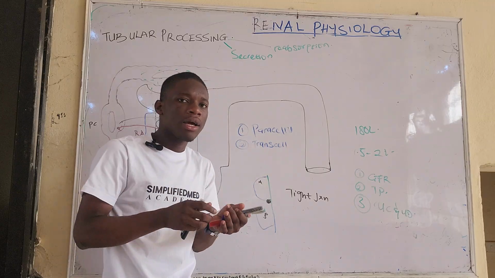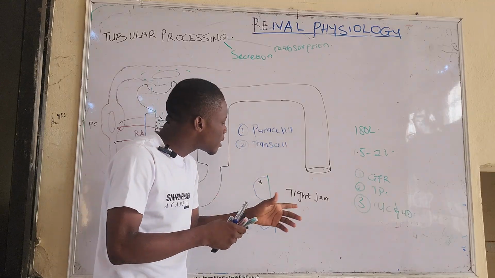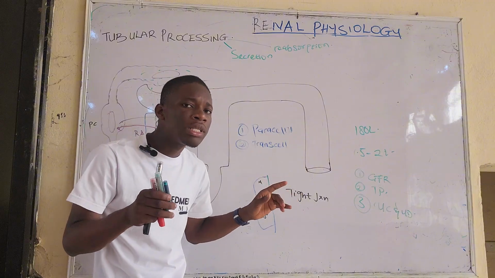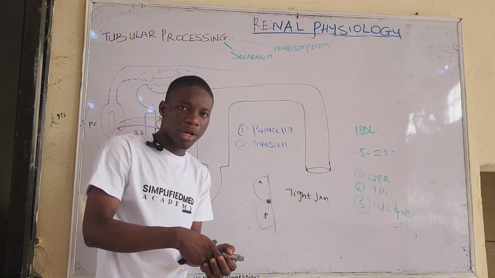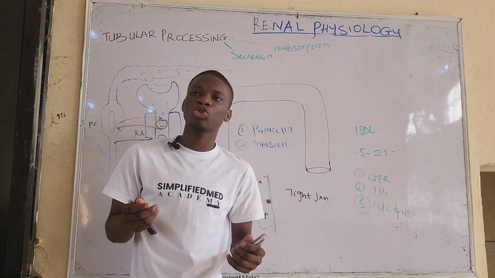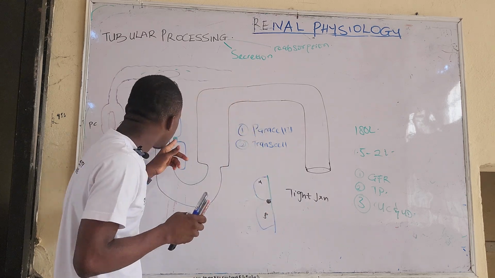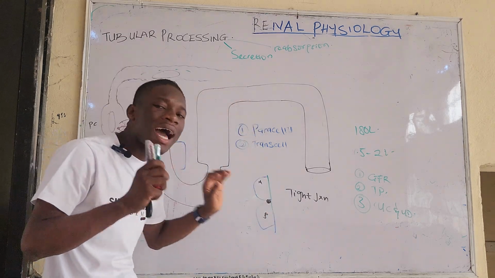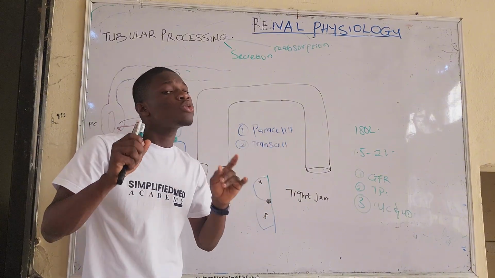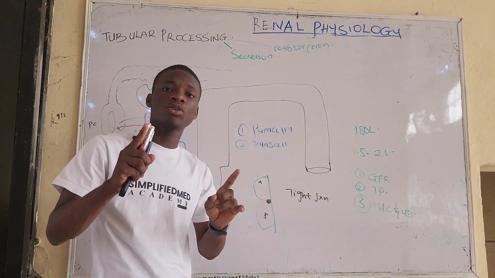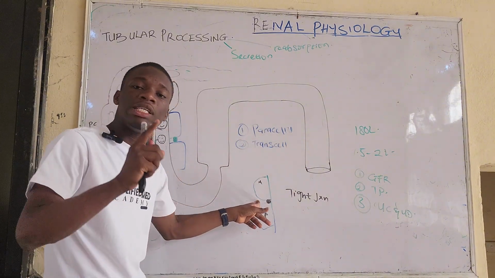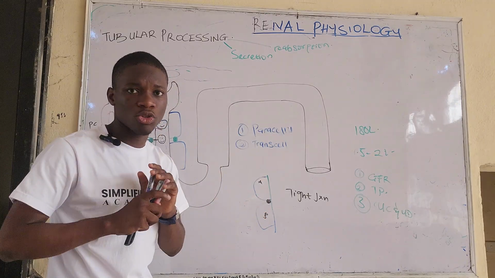Now, remember, when they say tight junction, our general concept is that it is tight and nothing can pass through. Yes, but in the PCT, the tight junction allows substances to pass through. So if they ask in MCQs, be very conscious of that: the tight junction in PCT cells allows substances to pass through.